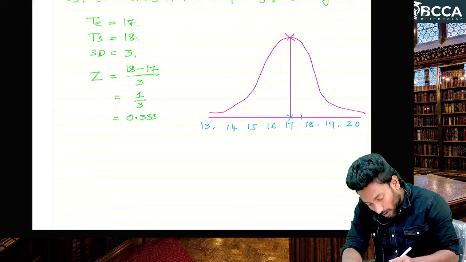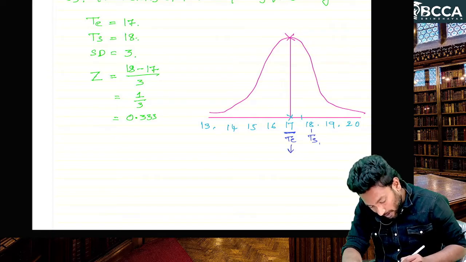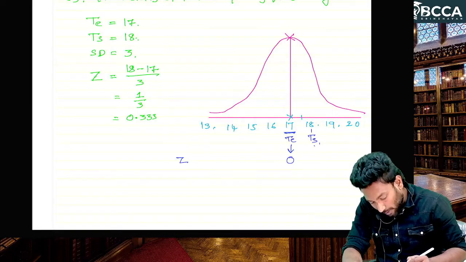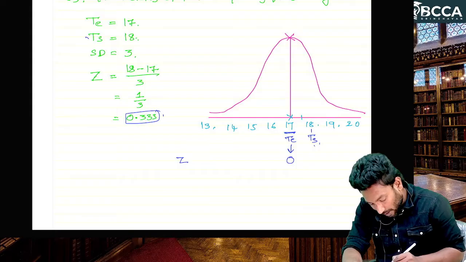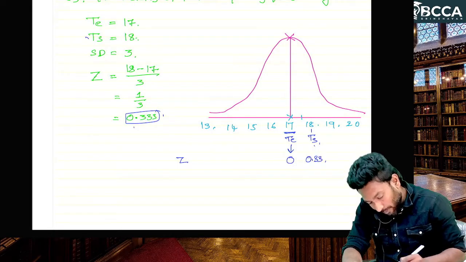Now this 17 is our expected value, this 18 is our stipulated value. At the expected value, Z value will always be 0. At the stipulated time, the Z value is 0.3333.